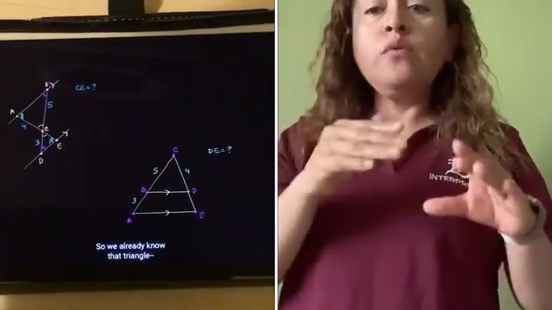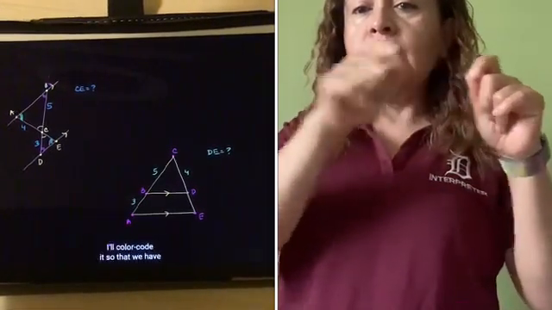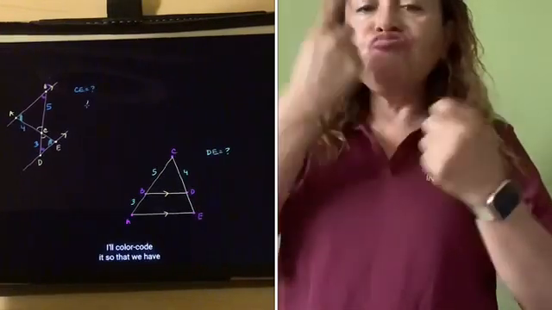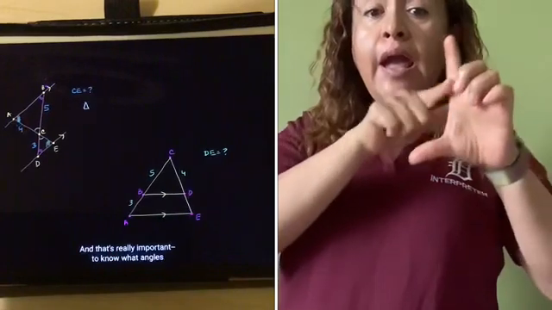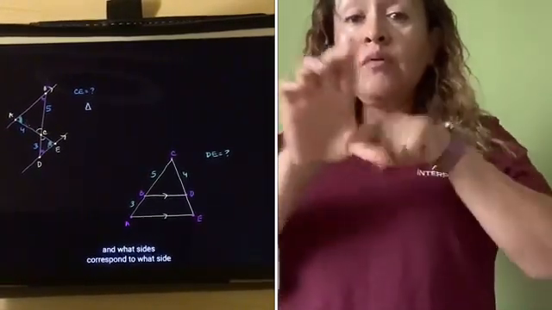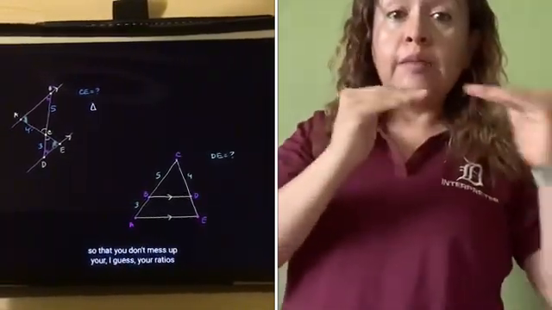So I'll color code it so that we have the same corresponding vertices. That's really important to know what angles and what sides correspond to what, so that you don't mess up your ratios.